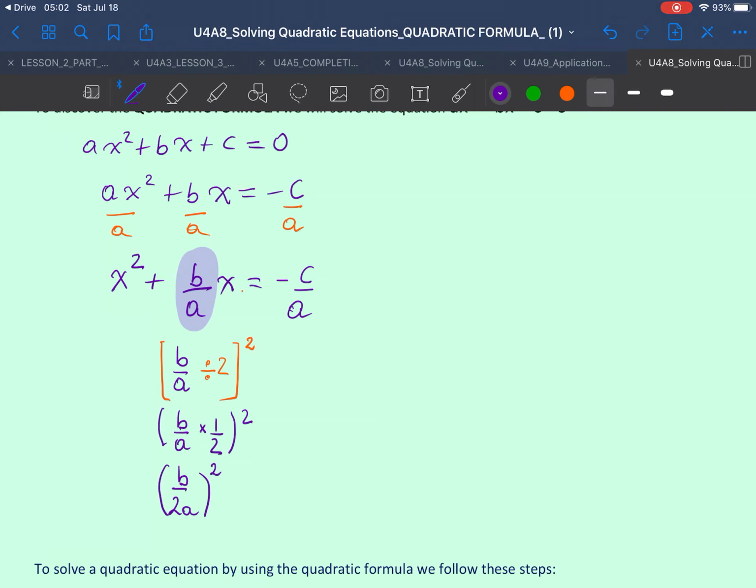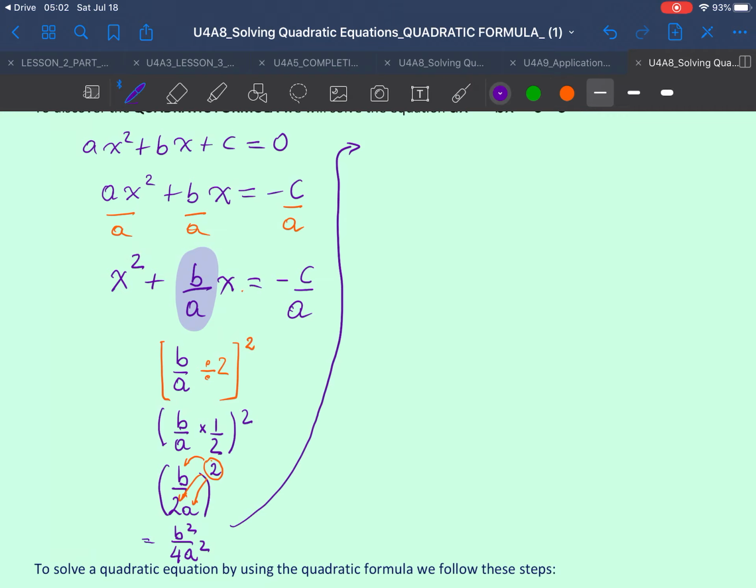In more simplified form, this turns into b squared over 4a squared. Remember that this power of 2 applies to b, to a, and to the number 2, everything inside the bracket, so every part of the term. So here we go. We have found the missing term that will turn this binomial into a perfect square trinomial.